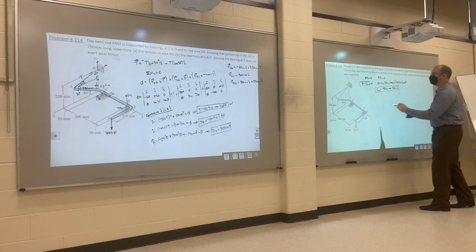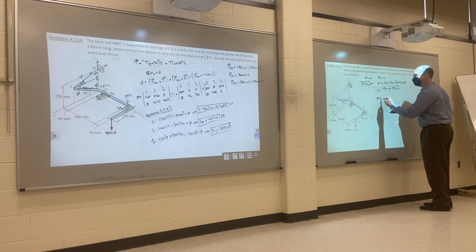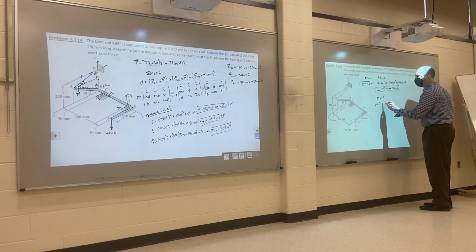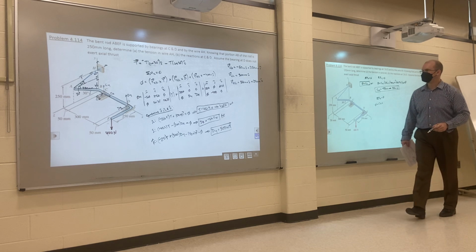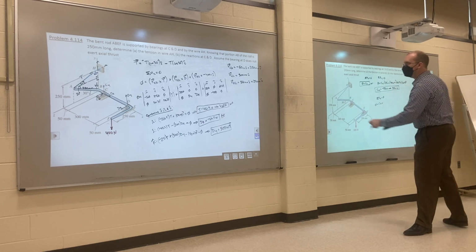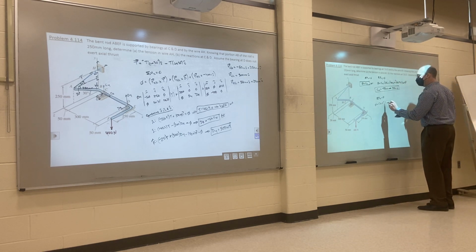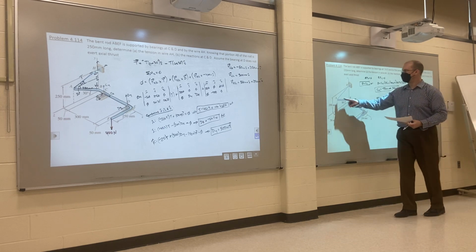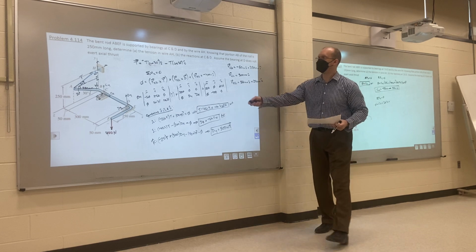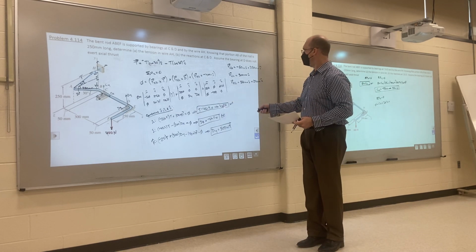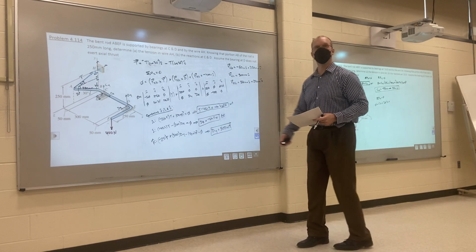And now sum of the forces in Z is equal to 0. And that's it. 0 is equal to CZ plus DZ, which is negative 66.7 newtons, plus the Z component of that tensile force in the cable, 461.9 cosine 30.